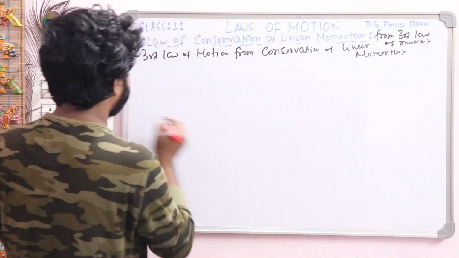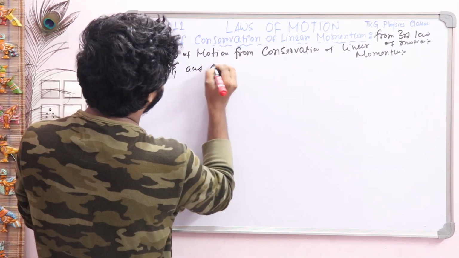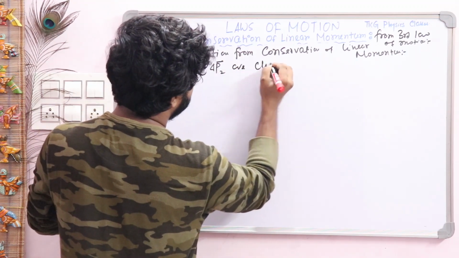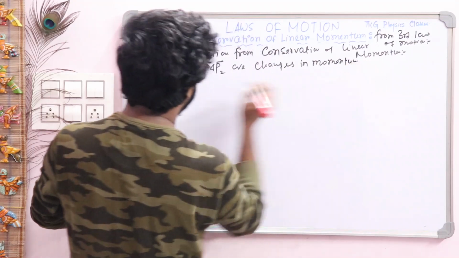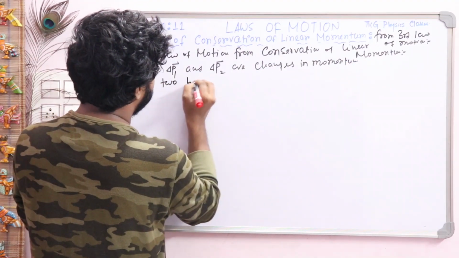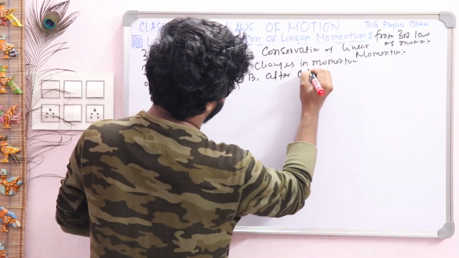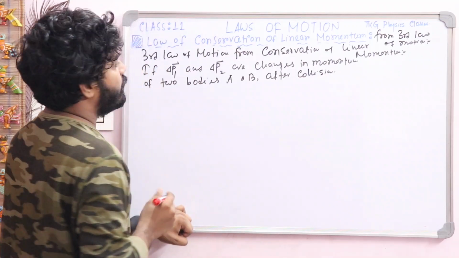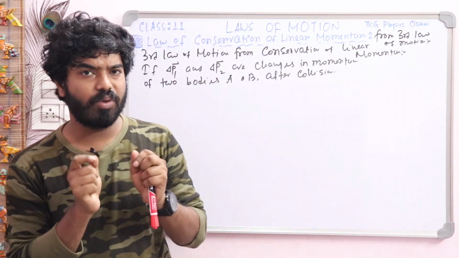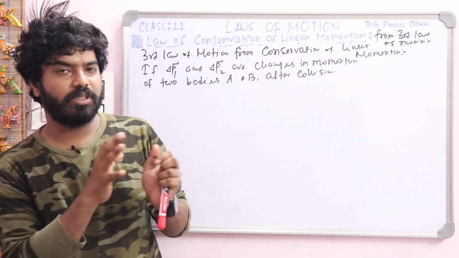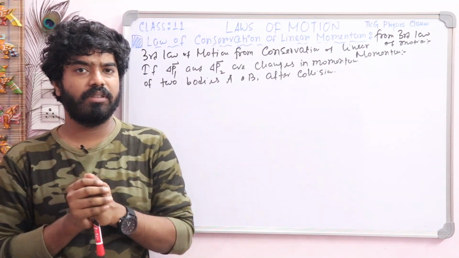So write it: if del p1 and del p2 are the changes in momentum of the two bodies A and B after collision, and if there is no external force, the conservation law of linear momentum states that the total linear momentum, that is the change in linear momentum, is 0.